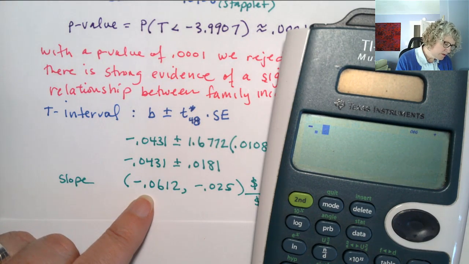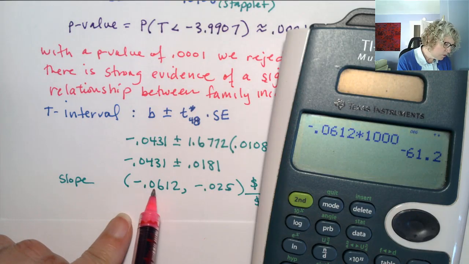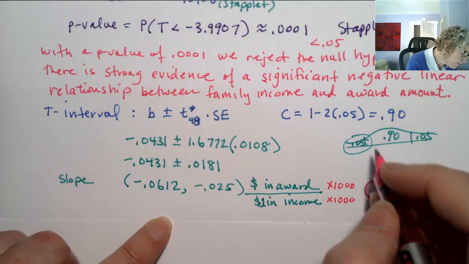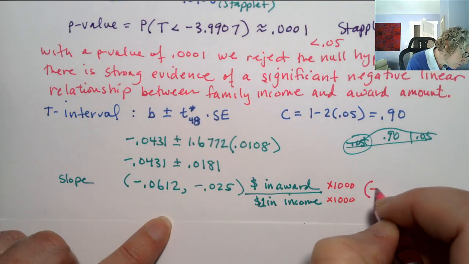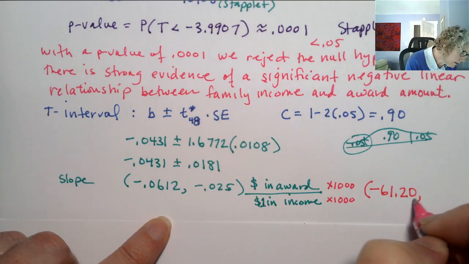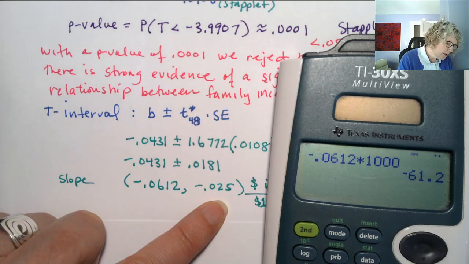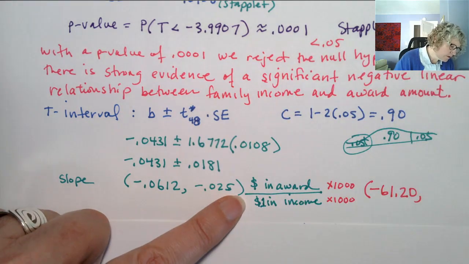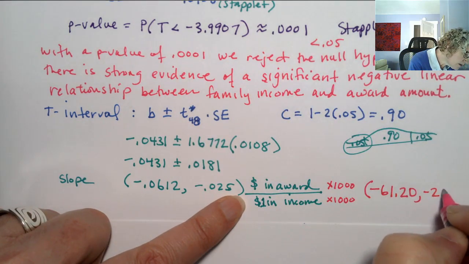So negative 0.0612 times 1,000 is negative $61.20. And then do the same thing with the other one, negative 0.025 times 1,000. Yep, negative 25.